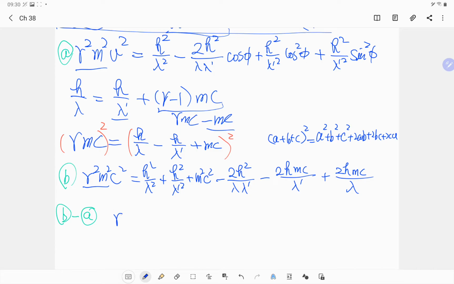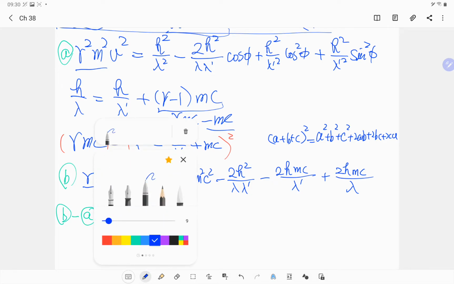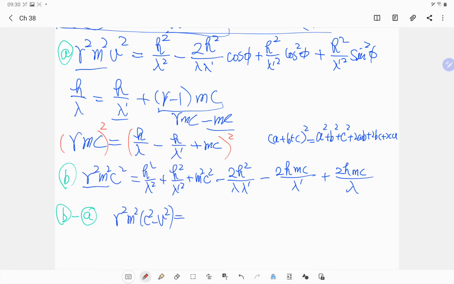So it becomes gamma squared m squared times c squared minus v squared. And then we can see that this one and this one can be cancelled.